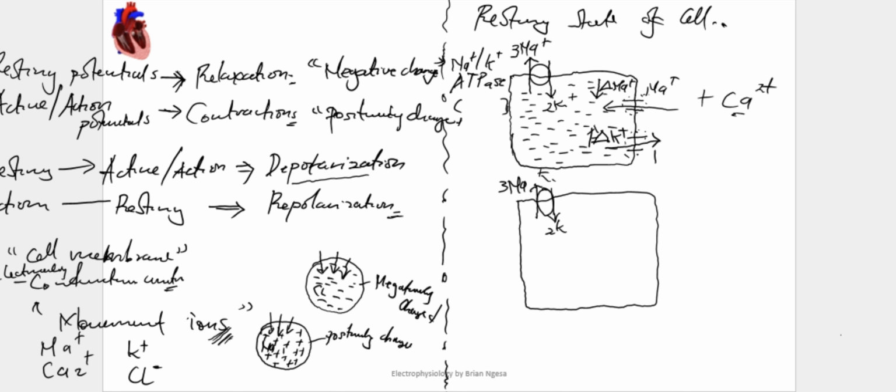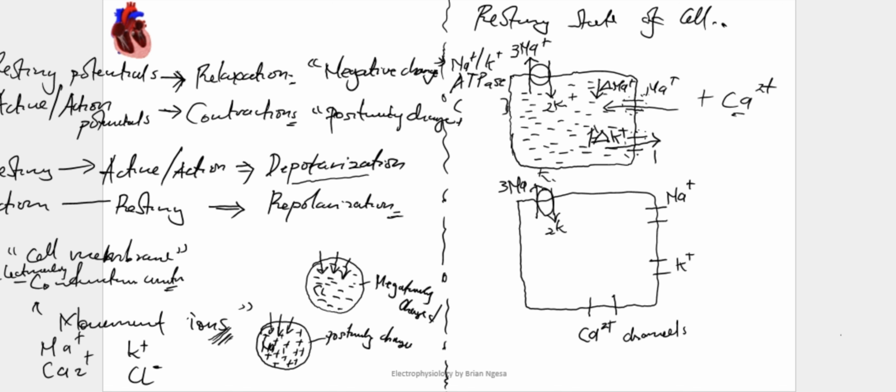The cardiac cells are very unique, so they'll still have the sodium gate. They still have the potassium channels or gates, and for matter of space, let's write just calcium here. So they also have some calcium channel or gates.